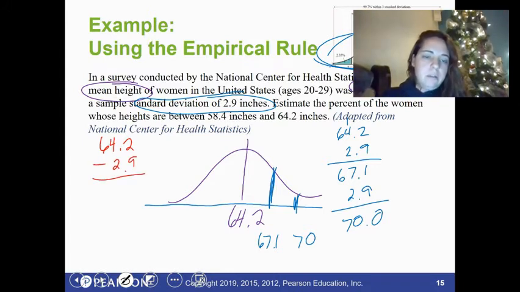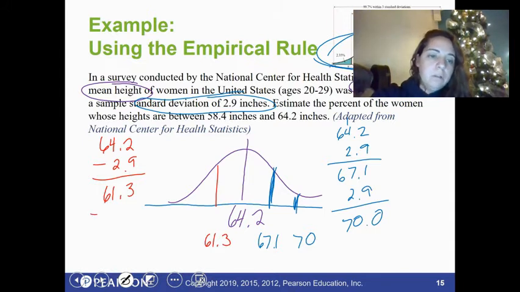If I did 64.2 and I subtracted 3, that would be 61.2. So 61.3, I think. Hopefully I did that right. We'll find out. 61.3.